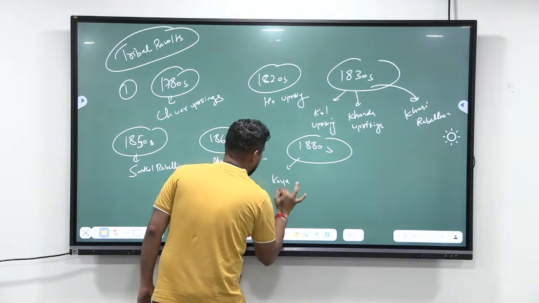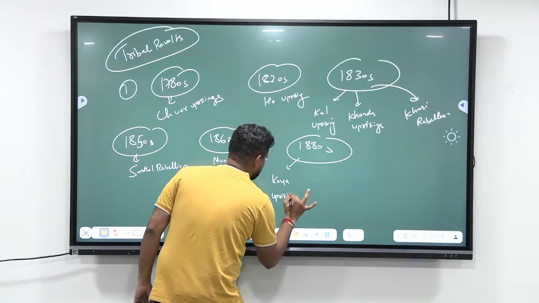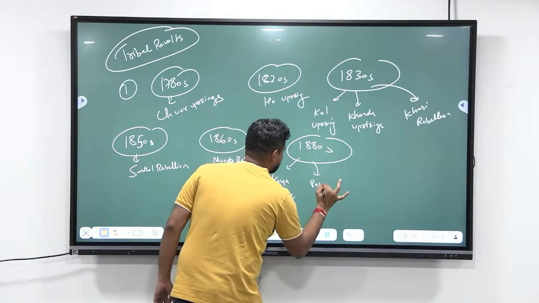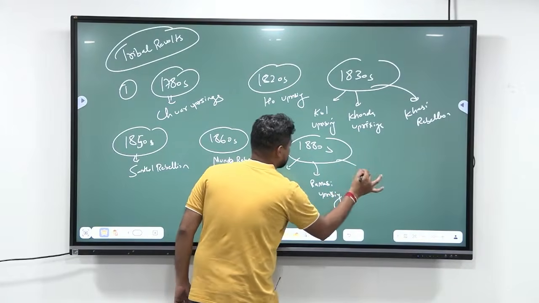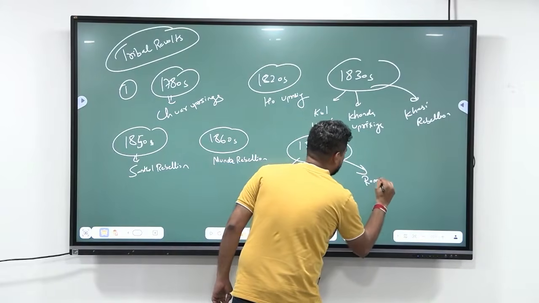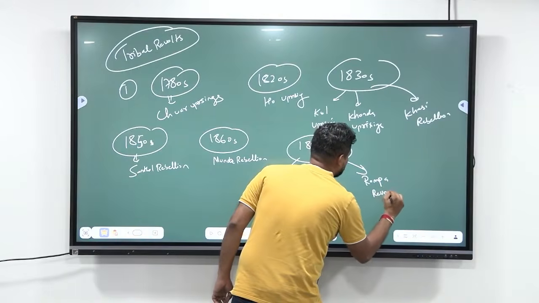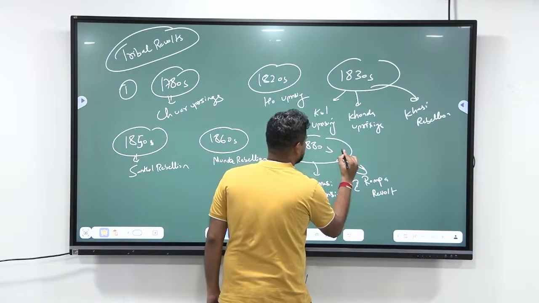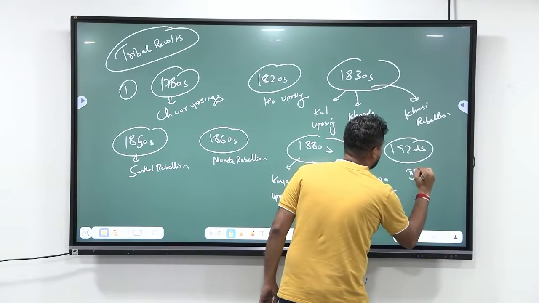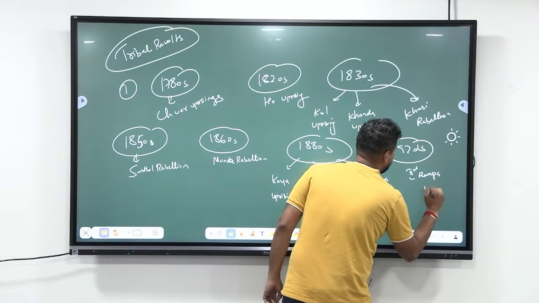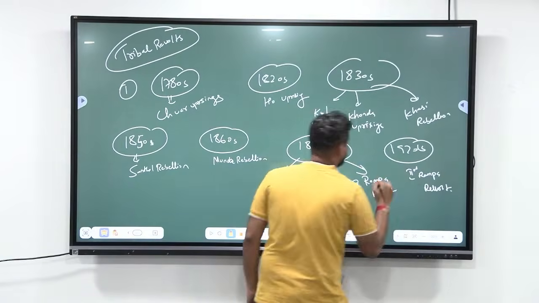There is Koya uprising. There is Ramosi uprising. And then there is Rampa revolt. Now this is the first Rampa revolt. There is 1920s, the second Rampa revolt.